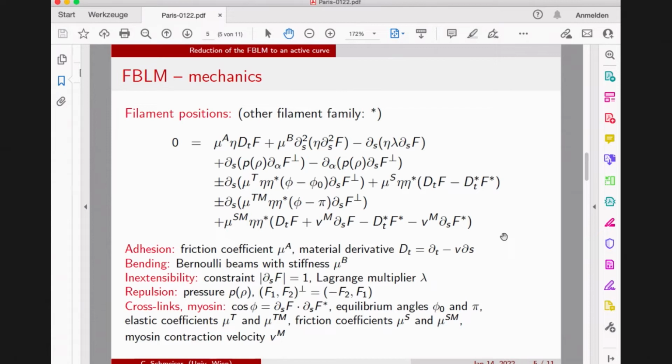The mechanics deals with a mathematical unknown, which is this capital F here. The capital F describes the position of filaments. It depends on time, of course, little t. It depends on S and on alpha. This is a two-dimensional model, so the two parameters, spatial parameters, so to say, are S and alpha, but actually they're not so much spatial parameters as Lagrangian variables.